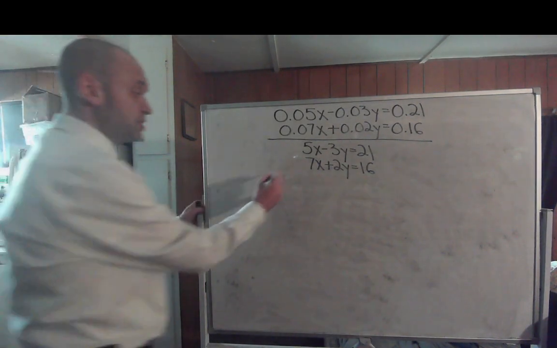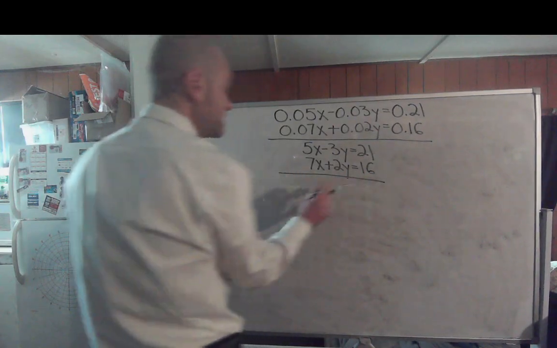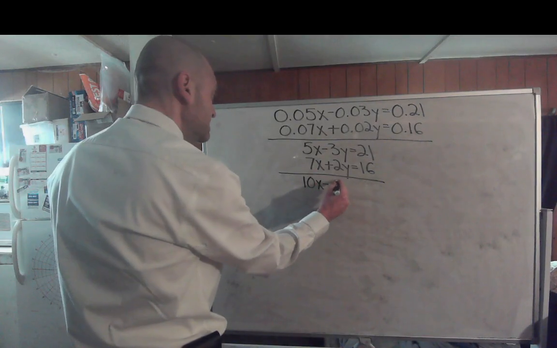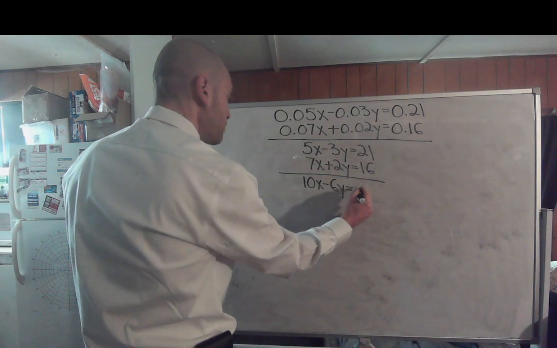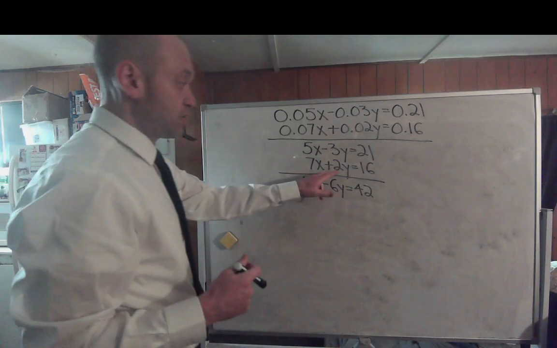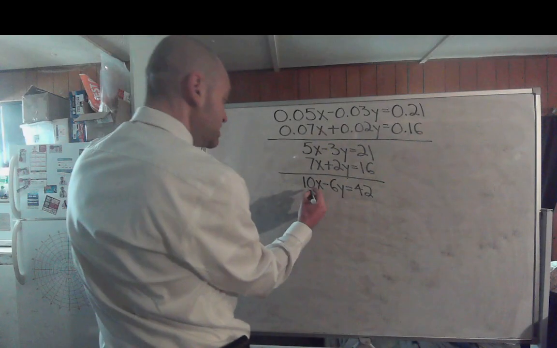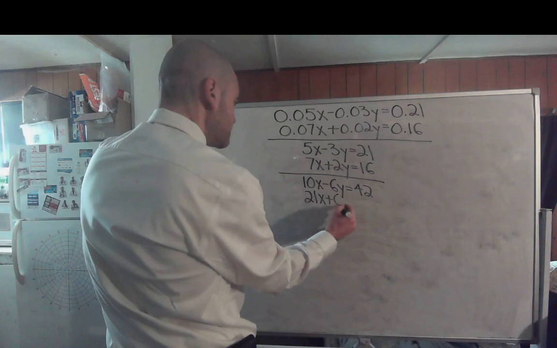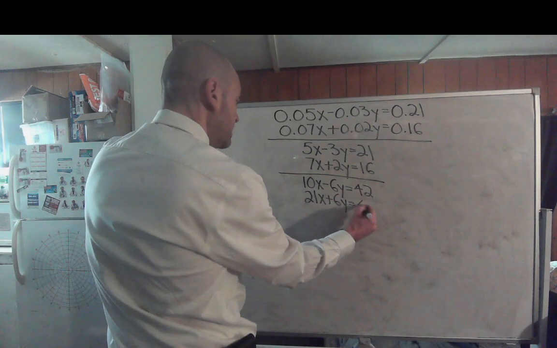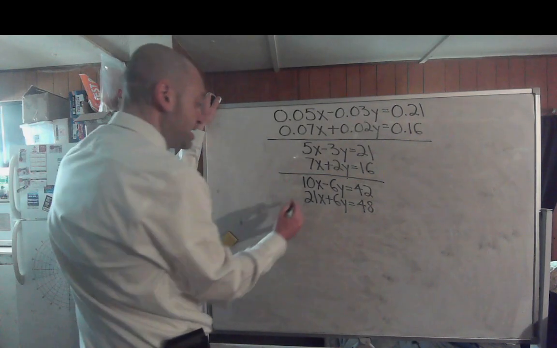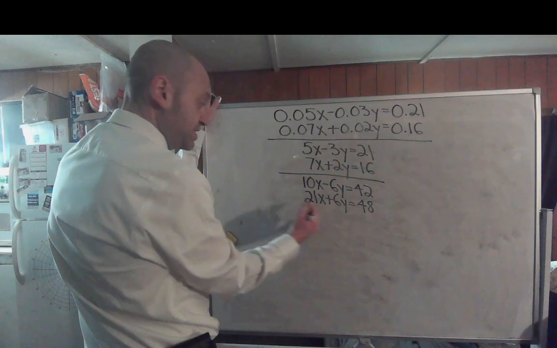If you multiply that top equation by 2, you get 10x minus 6y equals 42. If you multiply the second equation by 3, you get 21x plus 6y equals 48. Now you can just add these two equations.